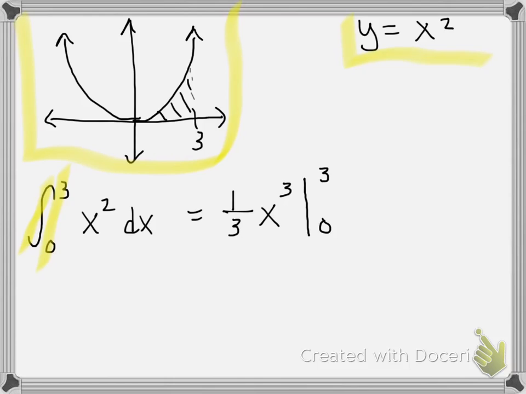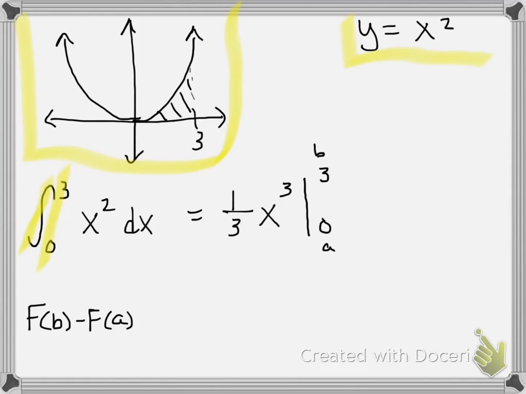And there's a handy dandy little formula. Say this is your B and this is your A. You can just plug in those values: big F of B minus big F of A will equal whatever you're looking for.